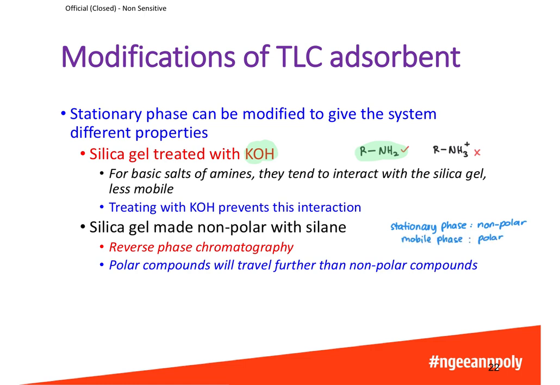This is the opposite from traditional TLC, so this is called reverse phase chromatography. So in traditional TLC, the polar compounds will tend to travel slower and the non-polar compounds travel faster. But in reverse phase chromatography, it is the opposite. Polar compounds will travel further compared to non-polar compounds.